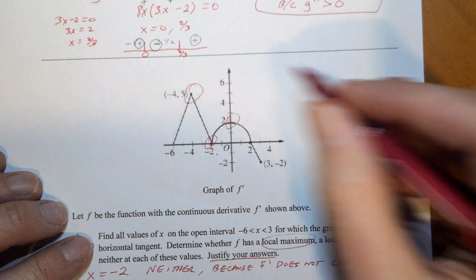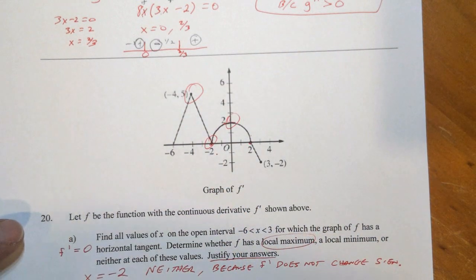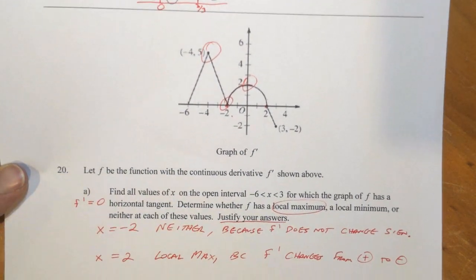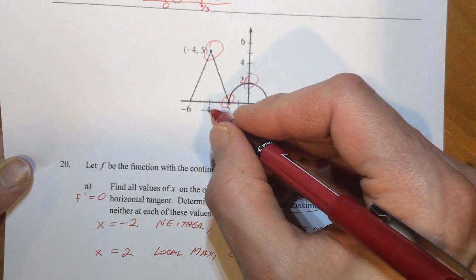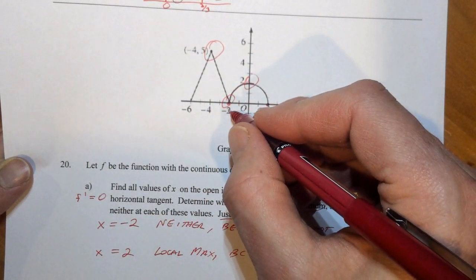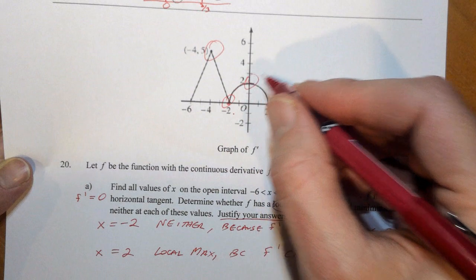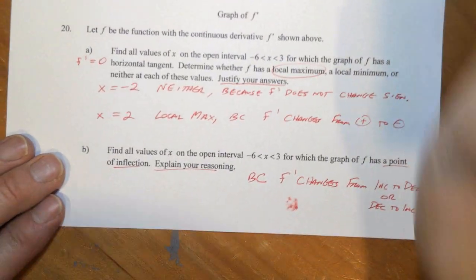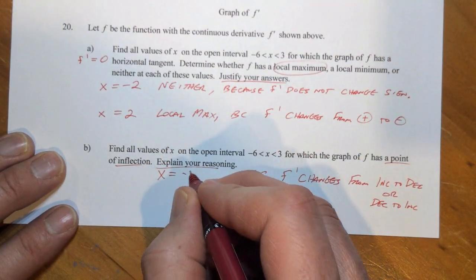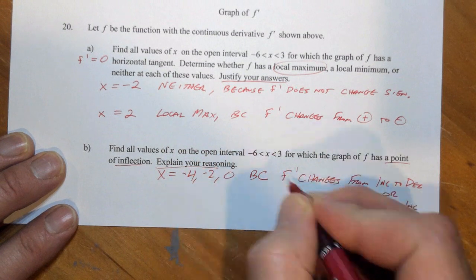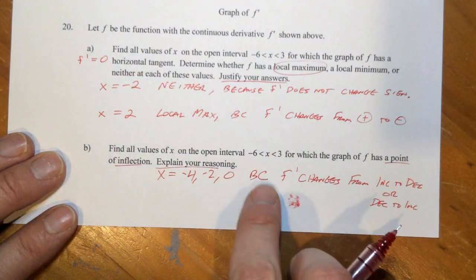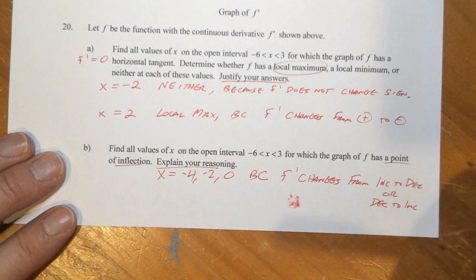So we have 3 spots where our first derivative changed from increasing to decreasing or vice versa. They happen at x equals -4, x equals -2, and x equals 0. And again, the reason is already written.